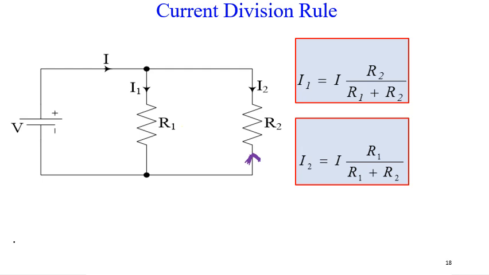You see that already this current is coming in going clockwise, and if this side was going anti-clockwise, meaning it was going opposite to the direction of this current, the formula would have changed slightly, so I2 would have become negative, because it's going against the flow of current, in the anti-clockwise direction.